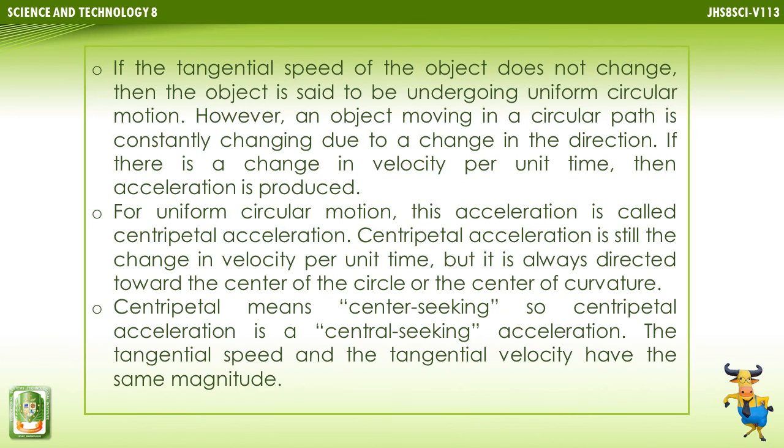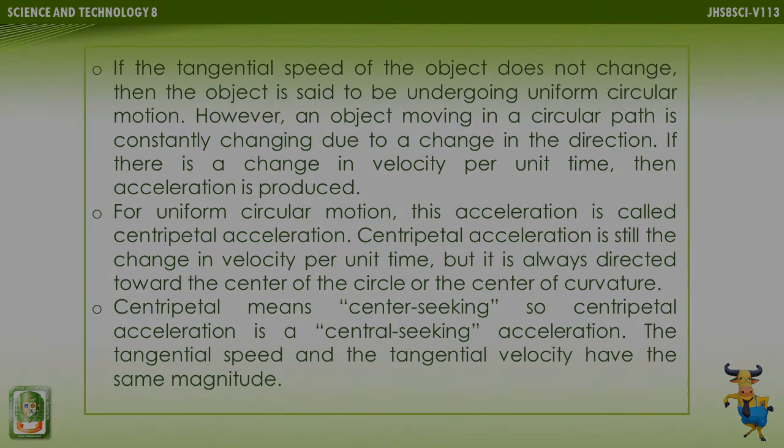Centripetal acceleration is still the change in velocity per unit time, but it is always directed toward the center of the circle or the center of curvature. Centripetal means center-seeking, so centripetal acceleration is a center-seeking acceleration. The tangential speed and the tangential velocity have the same magnitude.